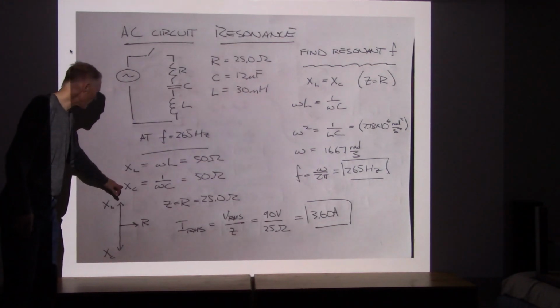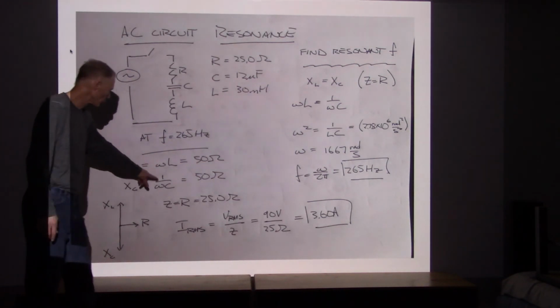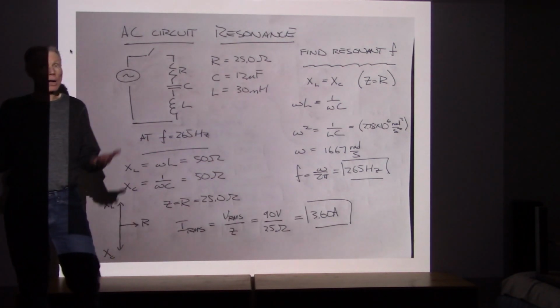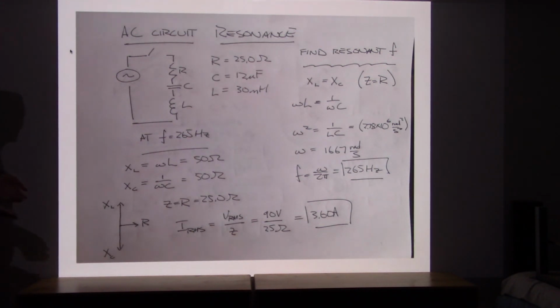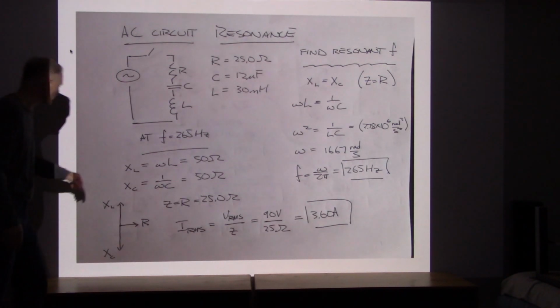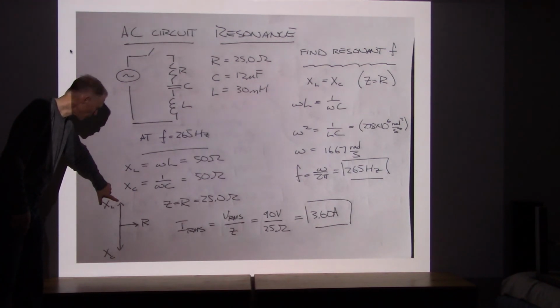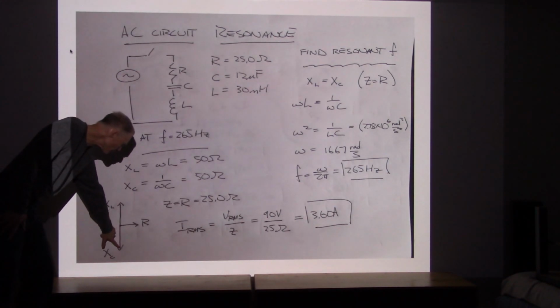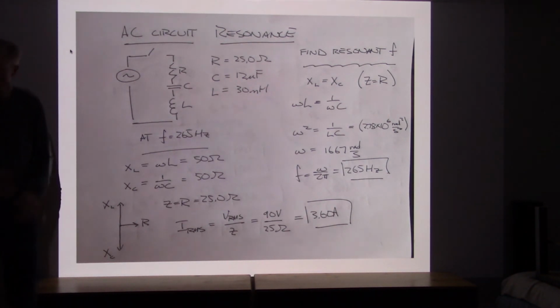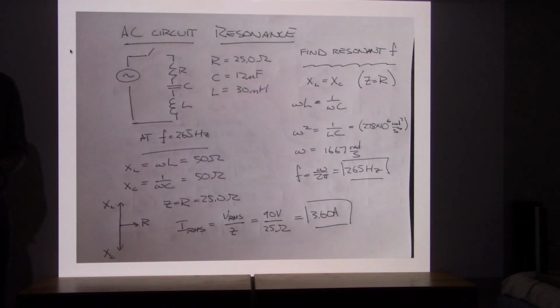When I check the capacitor's reactance, 1 over omega C, that's also 50 ohms. So when I draw my diagram now, the 50 ohms from the inductor and the 50 ohms from the capacitor will cancel out. We'll cancel out those effects exactly.